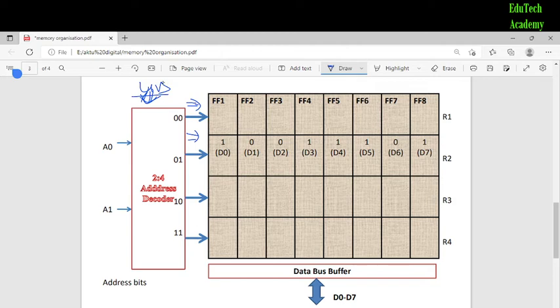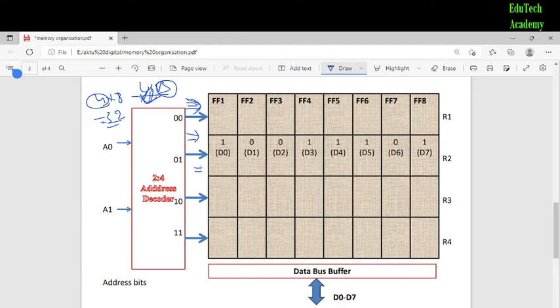The size of each row is B, a byte, meaning each row has 8 flip-flops and can store 8-bit binary data. Thus, this memory chip can store 4 into 8, that is 32 binary bits. And in a memory chip, at one time only one row can be activated. The microprocessor can read any of these 4 registers, but at one time only one register can be accessed.